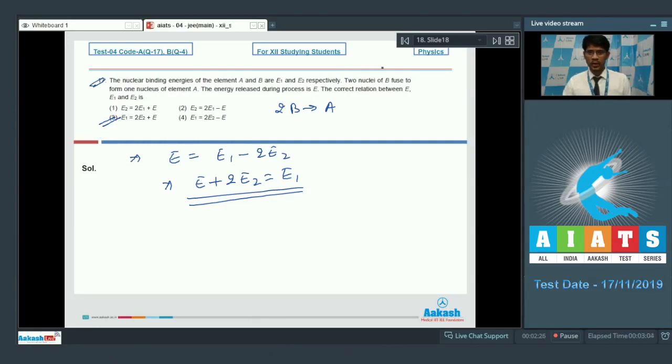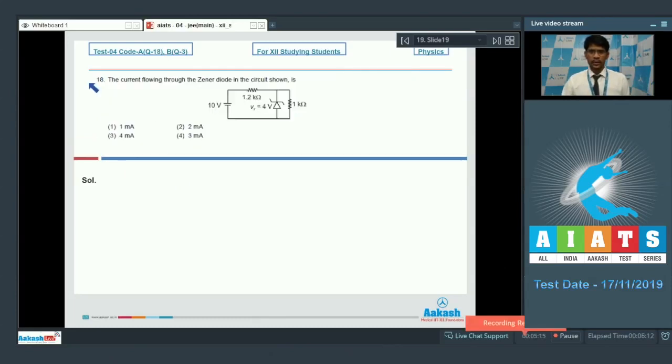Now let's proceed to question number 18. Here in question number 18, the current flowing through the Zener diode in the circuit shown is, this being the circuit, the Zener diode is connected across this point. The breaking voltage being 4 volt, the current I1 across the 1 kilo ohm resistance would be 4 divided by 1000 ampere, and the potential difference across these 2 points will be 6 volt.